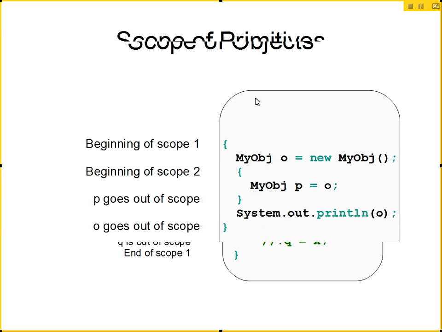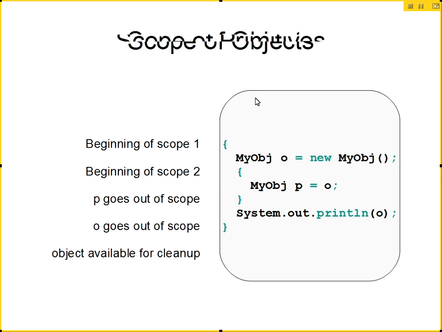That's only assigning the memory location at which the created object lives. So now O and P will point to the same memory location where the instantiated object lives. But P is no longer accessible when we get outside of that block. We can have multiple object references pointing to the same instantiated object.